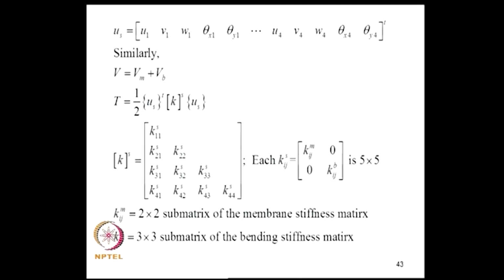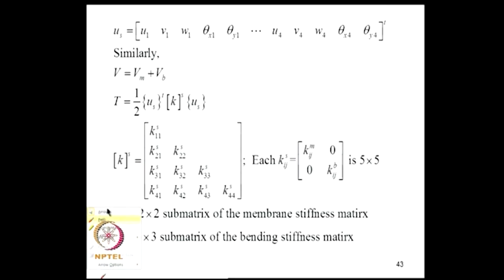Similar arguments can be used for stiffness. We have strain energy, with contributions from membrane action and bending action. Again, the nodal degrees of freedom for Us are the same as what was mentioned for kinetic energy, and Ks is the shell element stiffness matrix, and this again is written in this form.